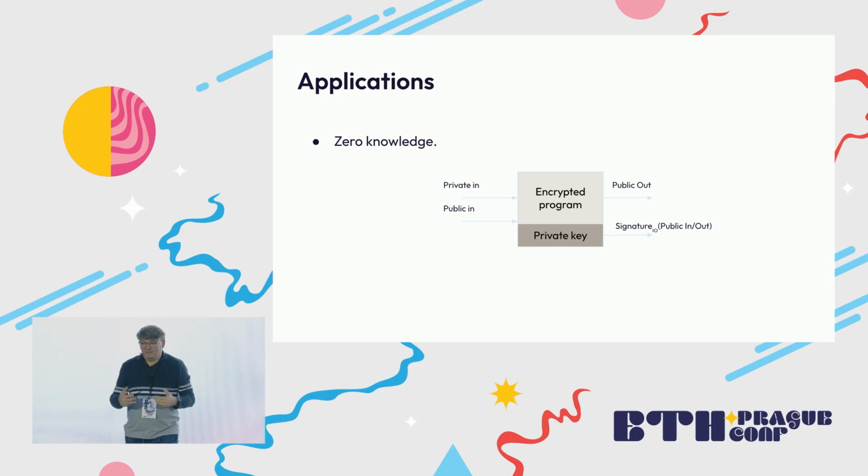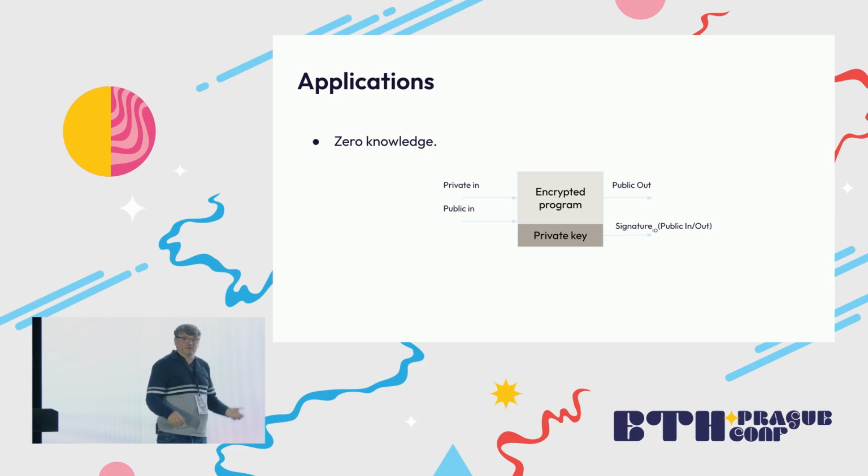So verifying the zero knowledge is verifying a signature. Instead of using elliptic curve machinery, you just do a normal signature and verify it, and you get zero knowledge.